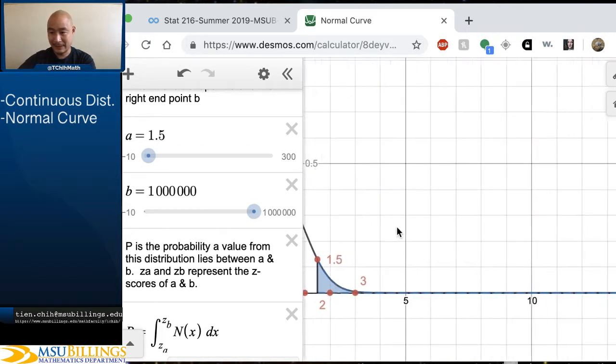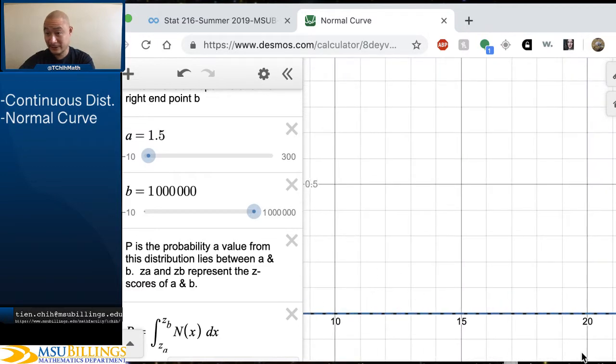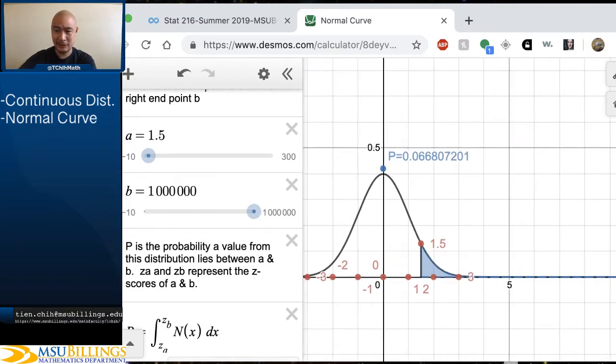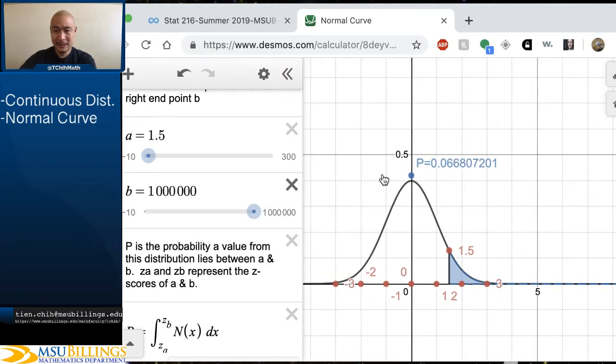That will get me pretty far out here, right? I mean, there's really no area there, right? So a million is a pretty good placeholder for infinity.